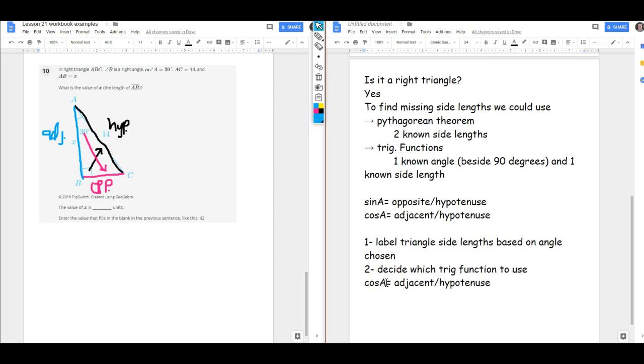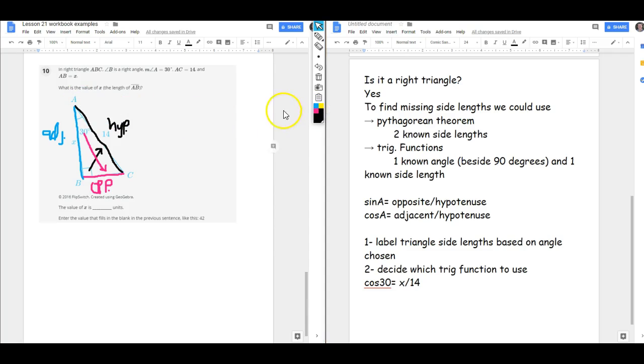So angle A, the angle we chose, is 30 degrees. The adjacent side length is X. The hypotenuse is 14. So I want to clarify something. This A was very generic for me, and it was not based off of this labeling.